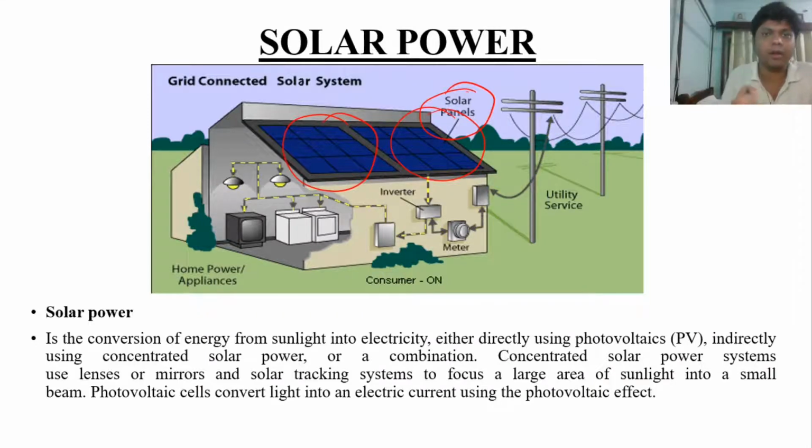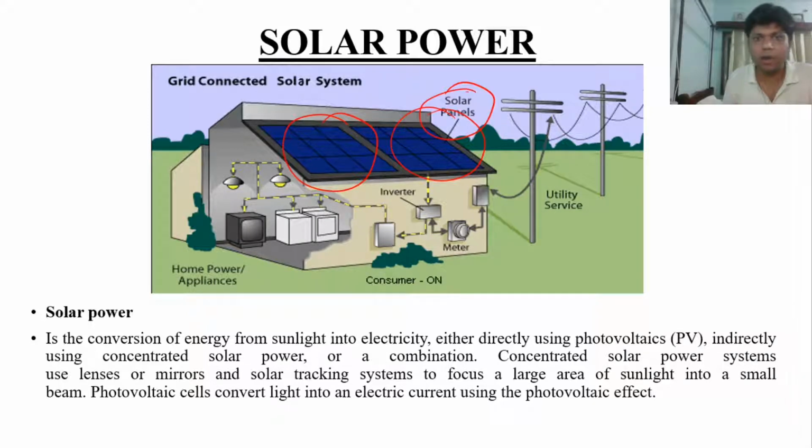This solar panel is responsible for the conversion of solar energy into electrical energy, or we can say light energy into electrical energy. With the help of the PV cell we can easily convert solar energy into electrical energy, and the electrical energy generated through this solar panel is called DC power.